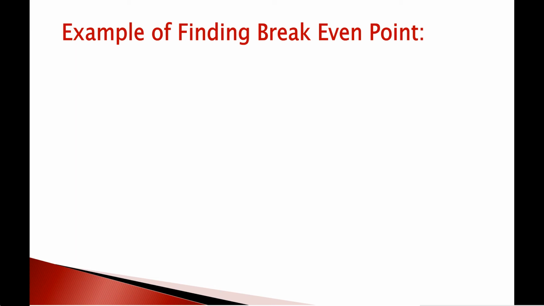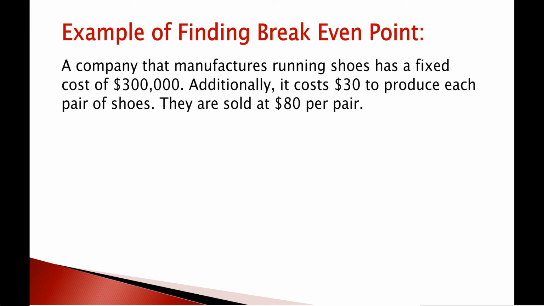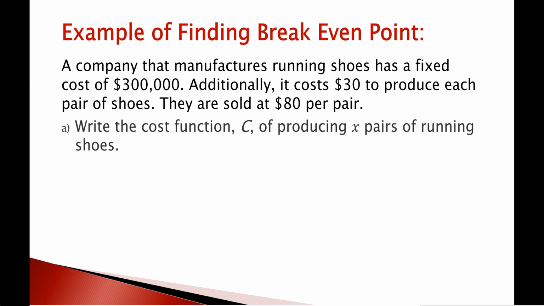So let's do an example regarding break-even analysis. Suppose a company manufactures running shoes. The fixed cost of producing these running shoes is $300,000. Additionally, it costs $30 to produce 1 pair of shoes, and they are sold at $80 per pair. Write the cost function C of producing X pairs of running shoes.